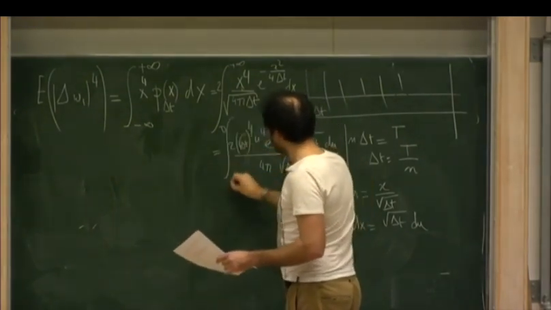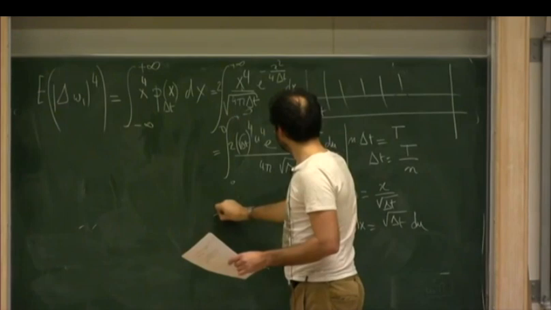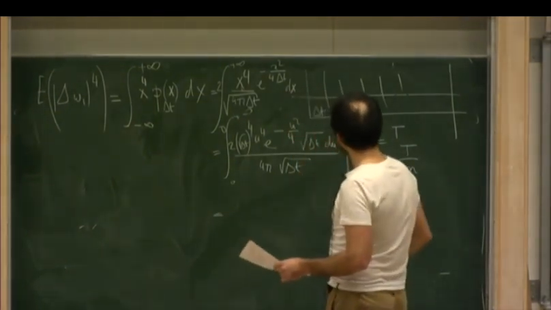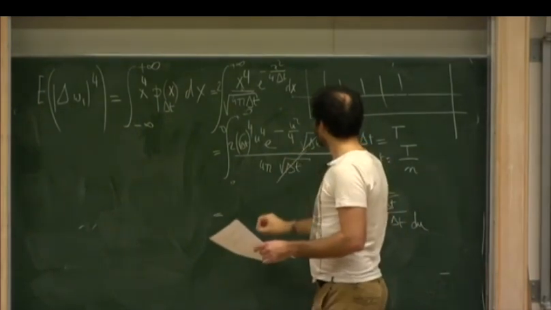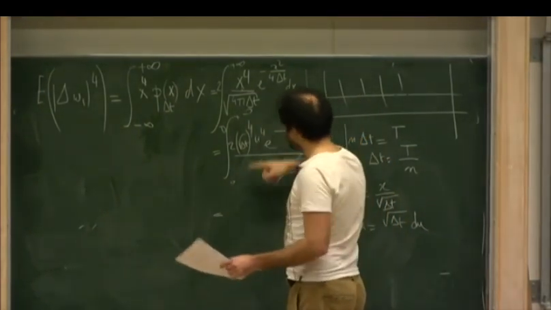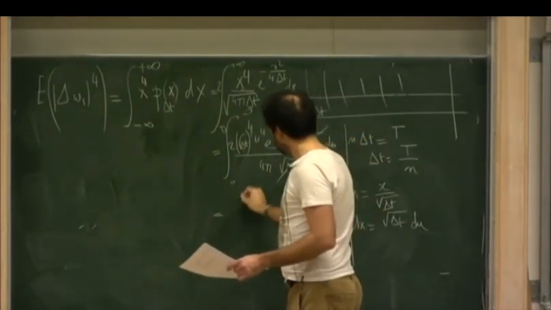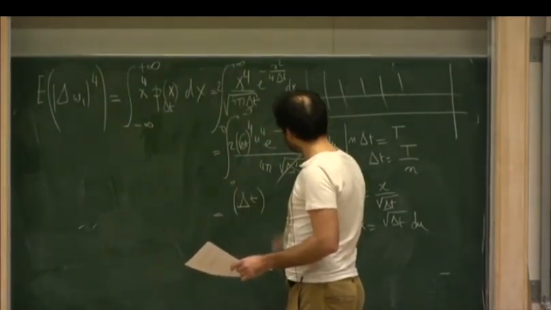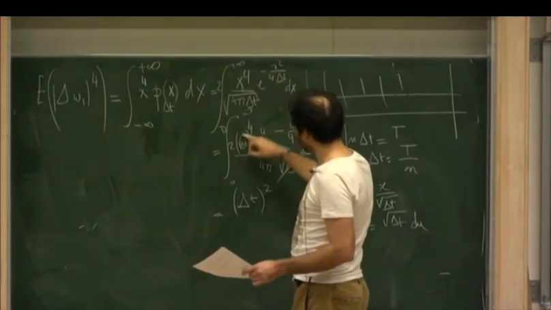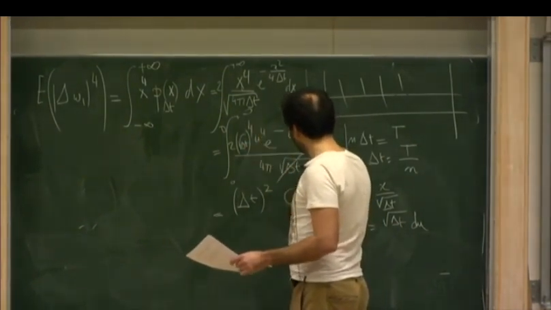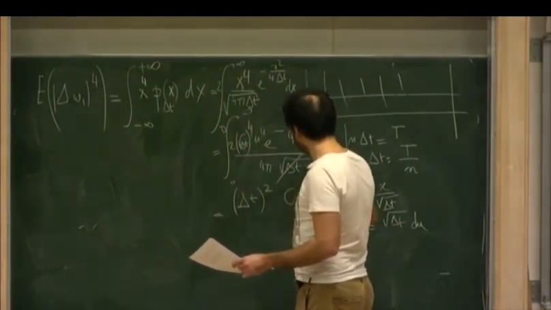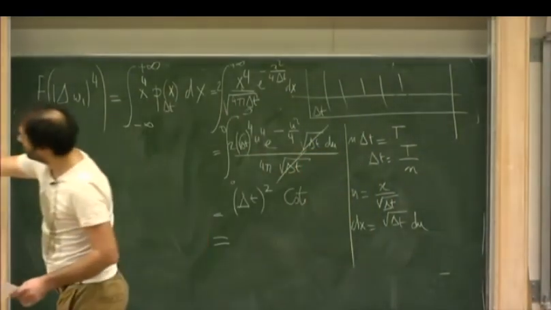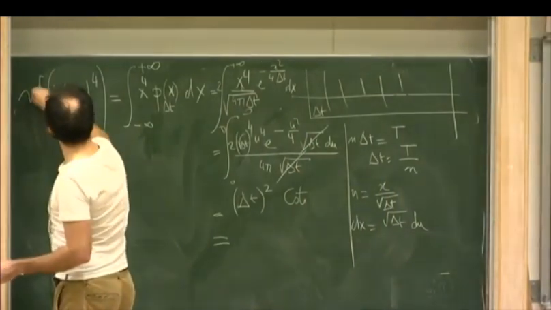Integration from 0 to infinity. And so we need to look at the delta t term. So this goes away, this goes away. This integral converges, and I don't need to calculate it. And we have here delta t to the power 2, because we have square root and 4, multiplied by a constant. I don't know what it is, and I don't care. Let me remind you that this was multiplied by n, so I have to add the n.